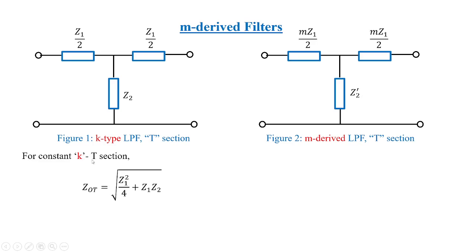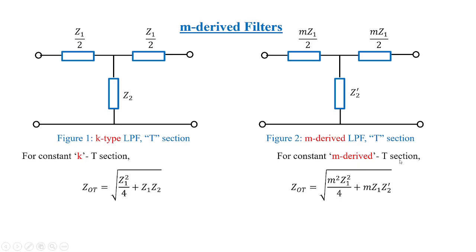For a constant K T section, ZOT, that is the impedance of the T network, is given by under root Z1 square by 4 plus Z1 Z2. Similarly, for the m-derived filter T section, ZOT is equal to under root of m square Z1 square by 4 plus m Z1 Z2 dash.